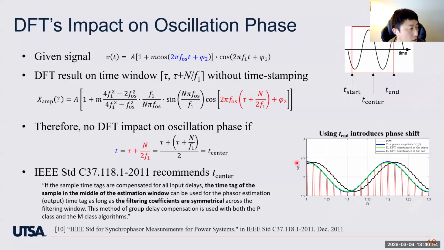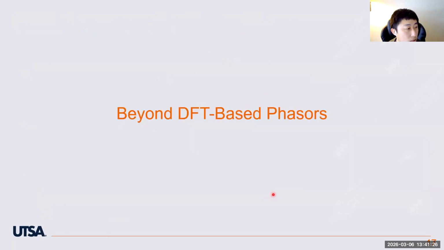So when we look at the IEEE standard C37.118 published in 2011, it recommended T-center, which is the middle instance of the window, to be used as the time tag of the phasor. So basically, we don't have to worry about the impact from DFT on oscillation phase. I mean, direct impact. There's nothing to worry about in this sense.